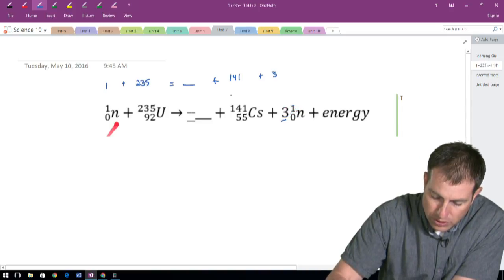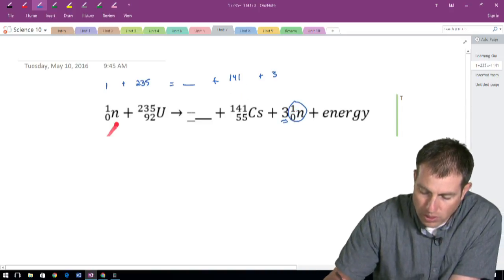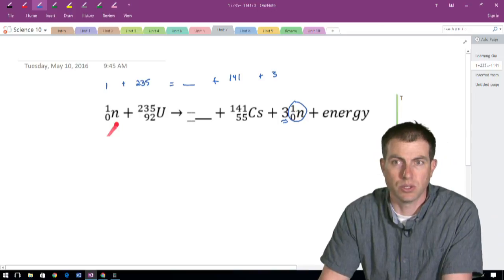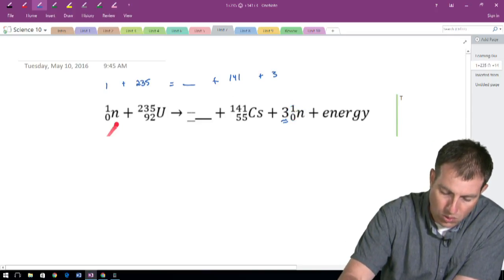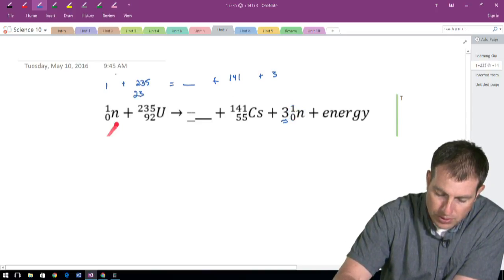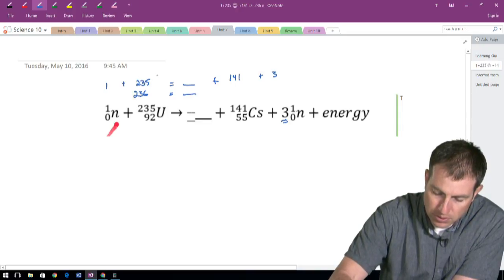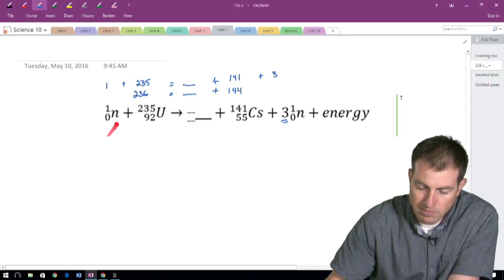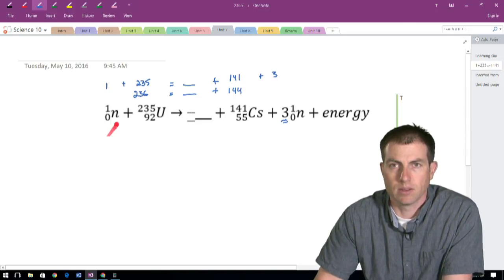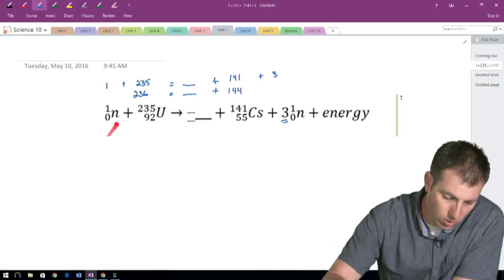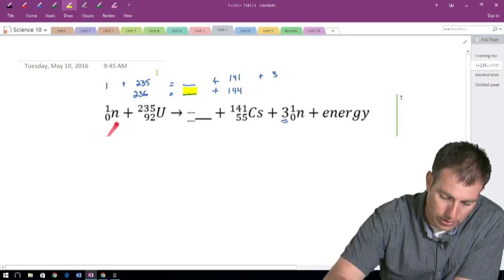Remember, the coefficient in front means 3 of whatever's there, in this case 3 neutrons. All right, some basic math. If I have 1 plus 235, I have 236 on this side, which is equal to something plus 141, and 3 is going to give us 144. What is the something? What is the blank?